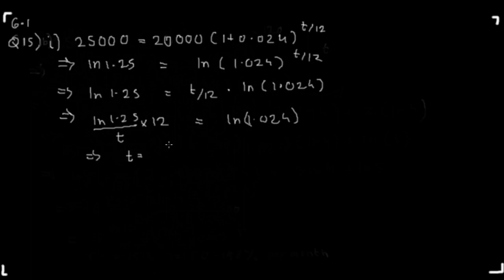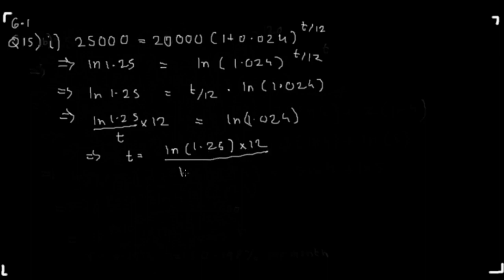Okay, so t, if you do some regular algebraic manipulation, you can find that t is equal to ln 1.25 times 12. We're going to write 12 here, it doesn't matter. If you want to be fancy, put it in front. I'm just here to teach.